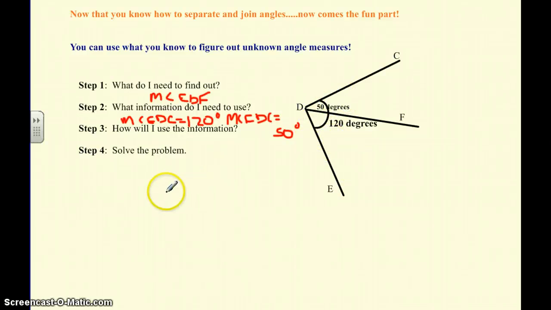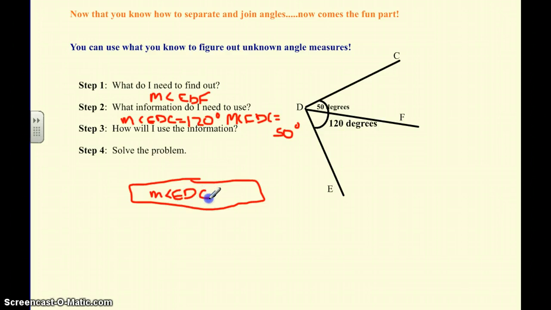Well, I could draw myself a diagram. I know the measure of angle EDC is 120, which is the total of this angle. So 120. And I know part of this angle, FDC.